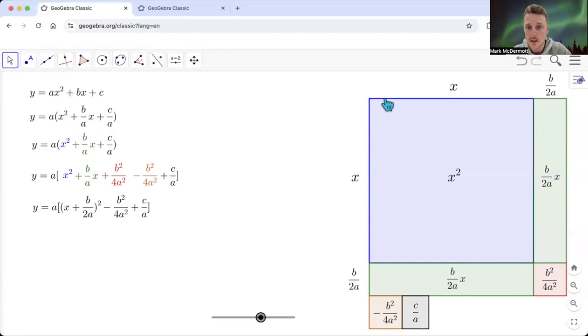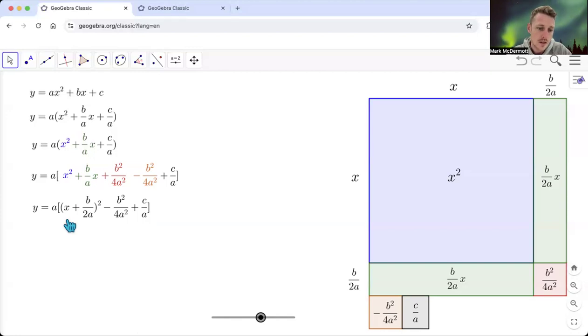And the way we're going to factorize it is, well, to get all those terms, we would multiply x plus b on 2a by x plus b on 2a. So these three terms factorize nicely to x plus b on 2a all squared. Okay, then we can't forget to bring down the minus b squared on 4a squared and plus c on a. But it's good because we've almost completed the square now.